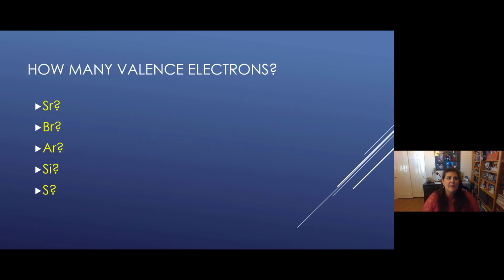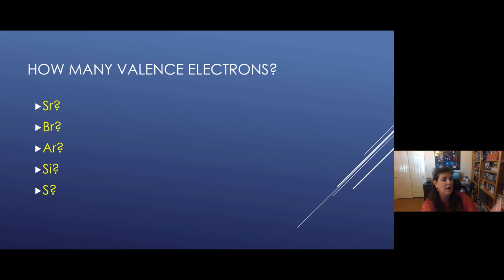All right, so how many valence electrons are in strontium, Sr? There it is. It's the second column. So how many valence electrons? 2. Good job. Bromine. Bromine is in column 7A.